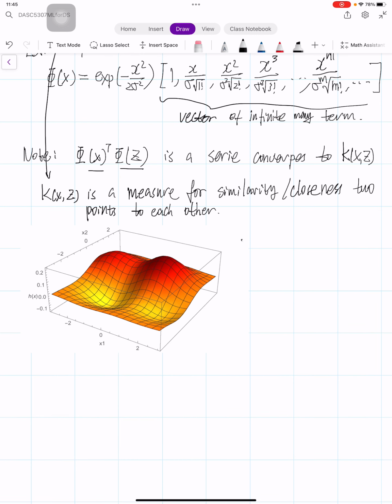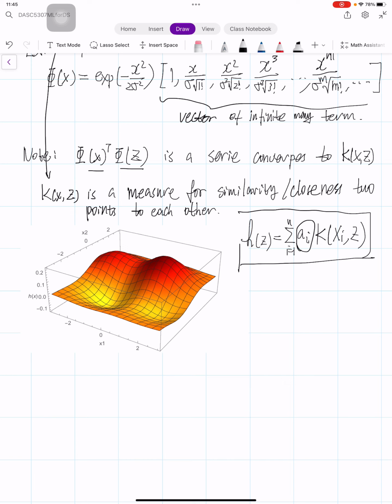Okay, and if we apply this kernel function, our regression function will equal a linear combination of k of xi and z. Once we find the solutions for this a vector, we find the linear combination of the kernel densities. The weights ai are the coefficients of the linear combination.